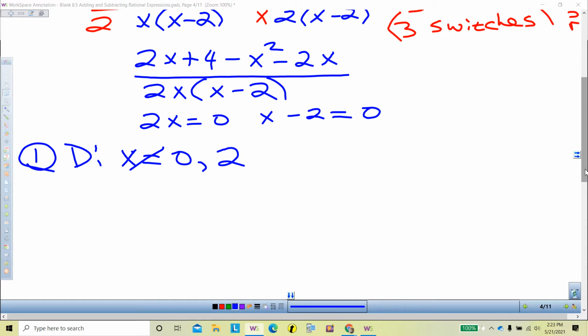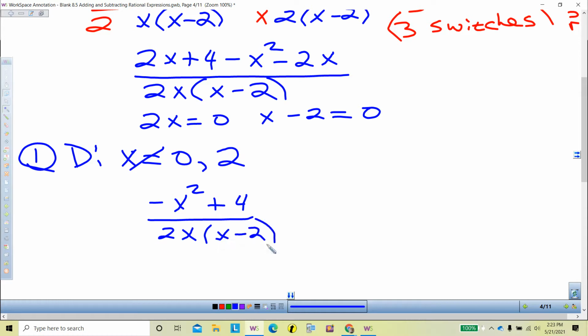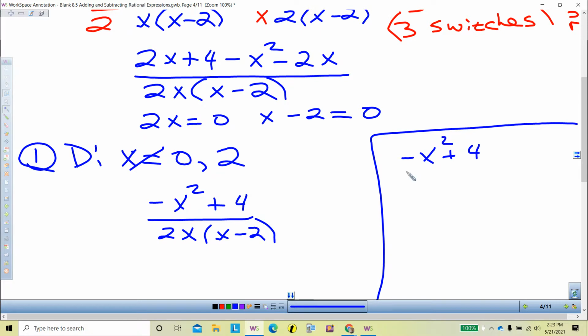So the numerator is negative x squared, the 2x's cancel, plus 4, over 2x, x minus 2. So how do we factor that numerator? Because you can. A little side work off to the side with that negative x squared plus 4. I can take out a negative 1 first.